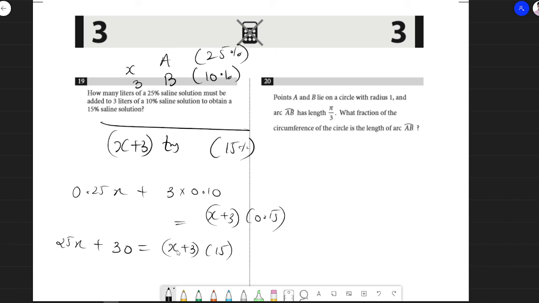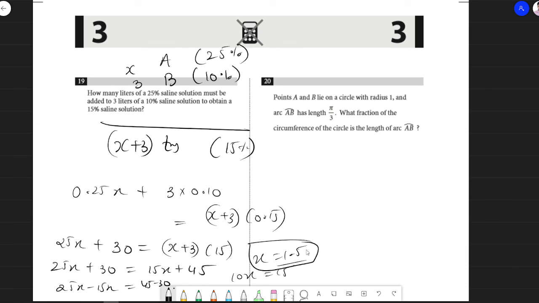So 25x plus 30 equals 15x plus 45. Now I can subtract 15x and 30 from both sides. So I'll get 25x minus 15x equals 45 minus 30. So I'll get 10x equals 15, x equals 1.5.